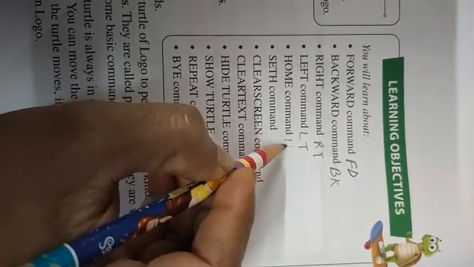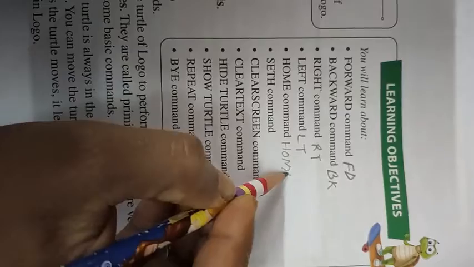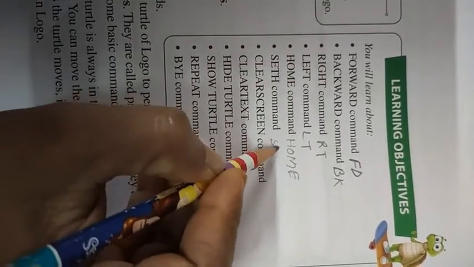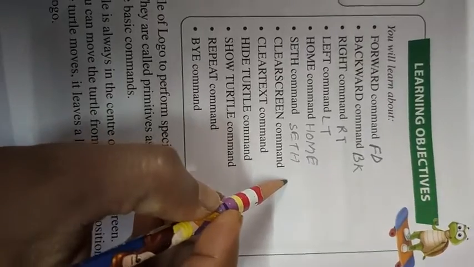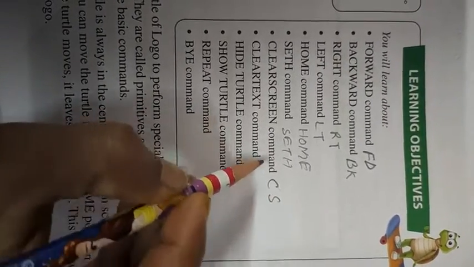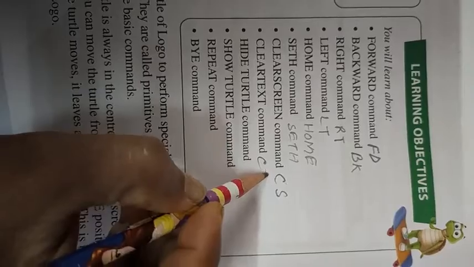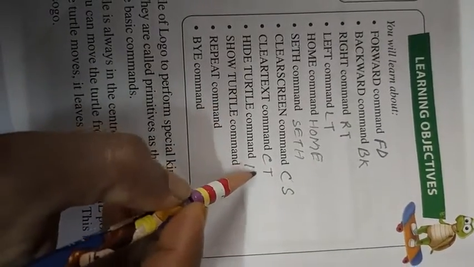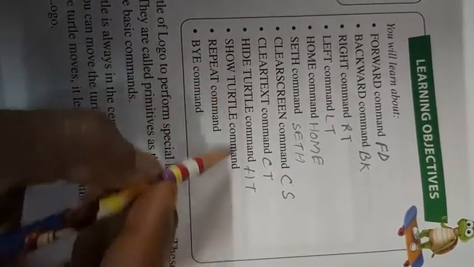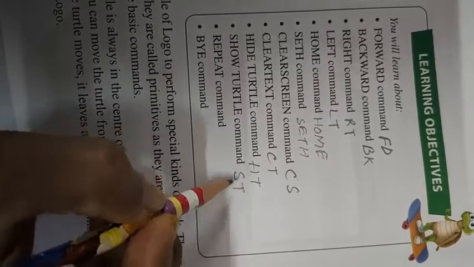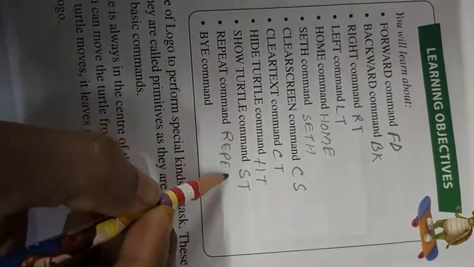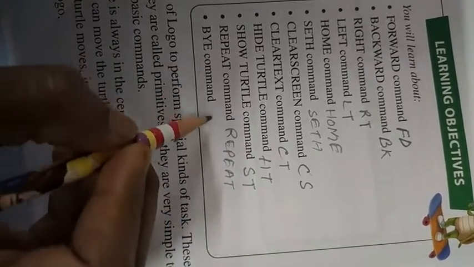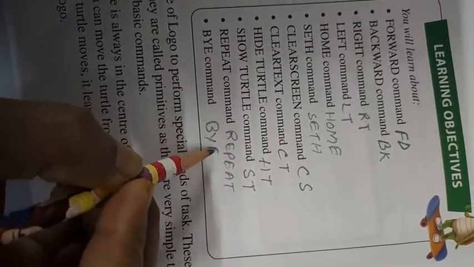Home: you need to write only home here. Set: you need to write set, there is no short form. Clear screen, CS. Clear text, CT. Hide turtle, HT. Show turtle, ST. Repeat will be the full word, REPEAT. You need to write the full word. Bye, BYE.